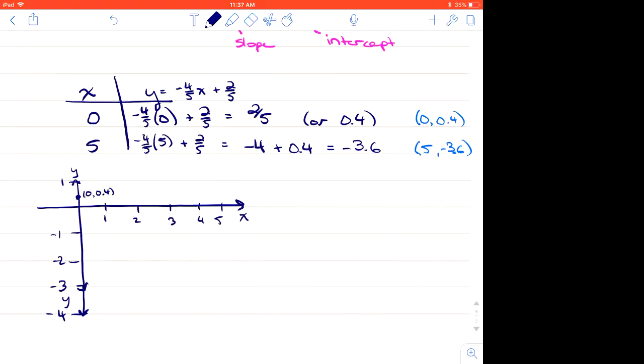For the 5 and negative 3.6, let's find negative 3.6. It would be somewhere around here. Once I move too far away from the axes, it's nice to have a guideline. And x is 5.